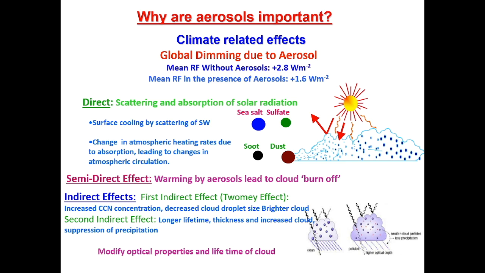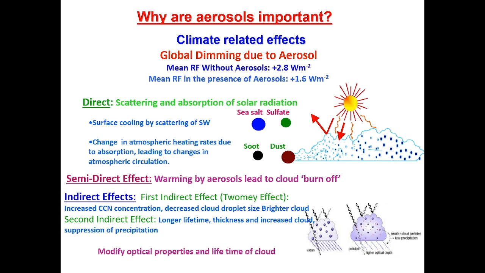But then there are other effects which are called semi-direct or indirect effects. For example, in the indirect effect, very small size particles, if they reach the cloud heights, change what is called the cloud condensation nuclei. These are the small particles over which the nucleation of water molecules takes place inside the cloud, and when these increase to sufficient size, then eventually the rain takes place.